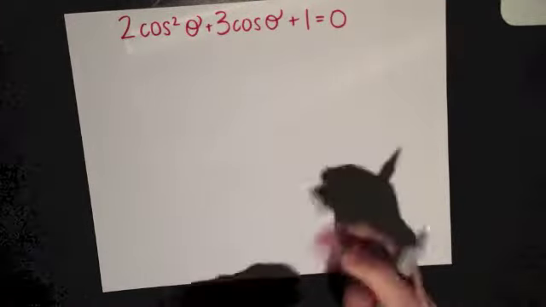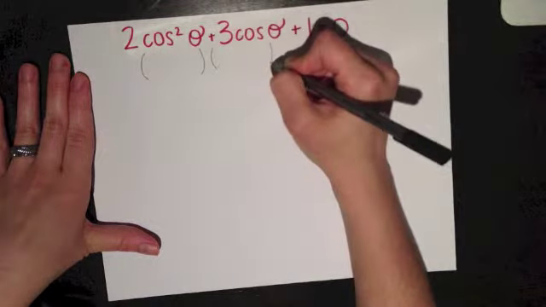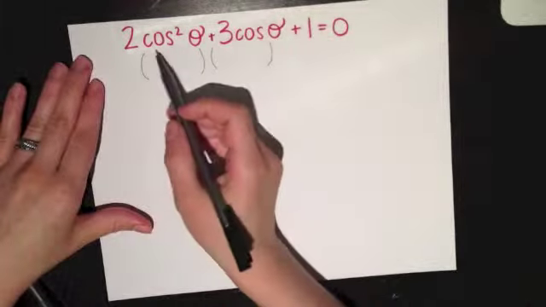We can start by identifying that this is a quadratic equation: cosine squared plus cosine plus a number. So we start by factoring it. What times what gives us 2 cosine squared?